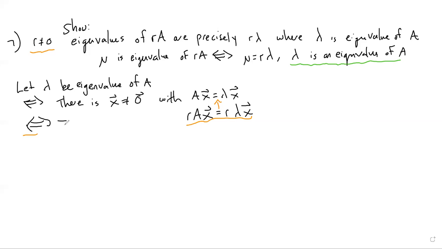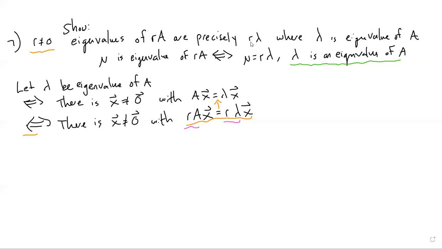And so I can now say there's an x that's not zero with rAx equals r lambda x. And specifically, it's the same x as I would have chosen in the other statement. And so that is essentially telling us that r lambda is an eigenvalue for rA. This is the property that we're looking for.